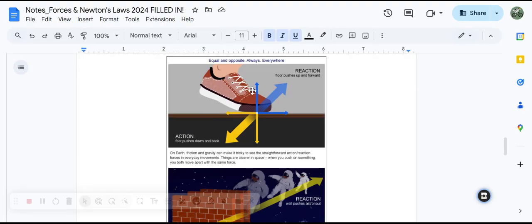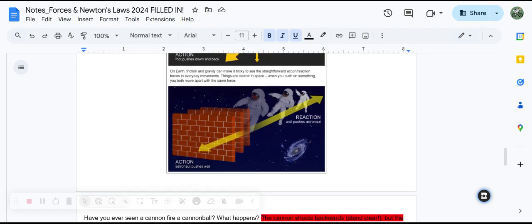But in general, the lighter object, in this case the person, is going to be the one that we see moving. In space, that's not going to be the case because there's no gravity at work here. So if the astronaut here pushes against a brick wall, that brick wall will move. It's not going to move as much or as quickly as the astronaut because the astronaut doesn't weigh as much as a brick wall, but that brick wall will move.